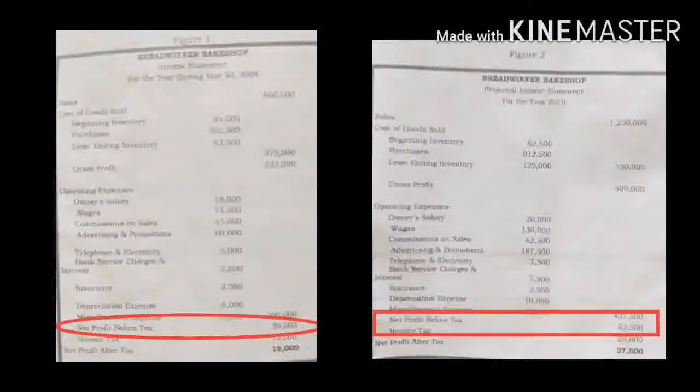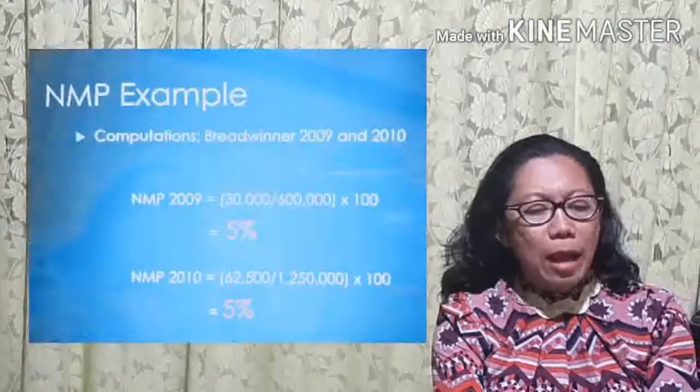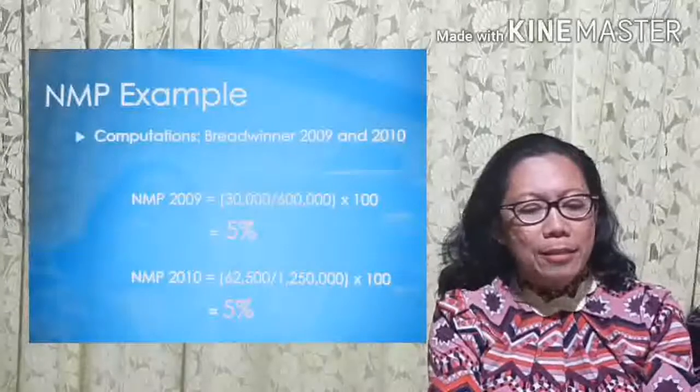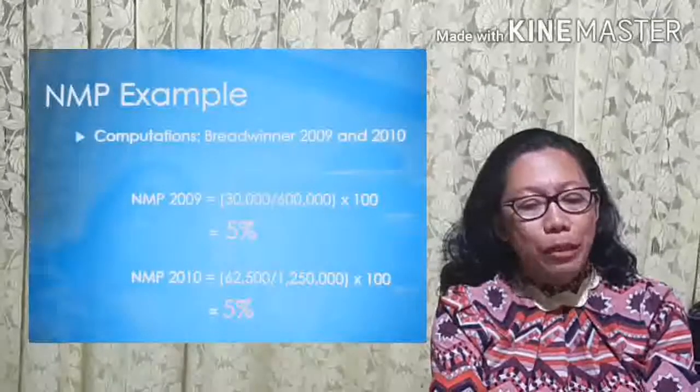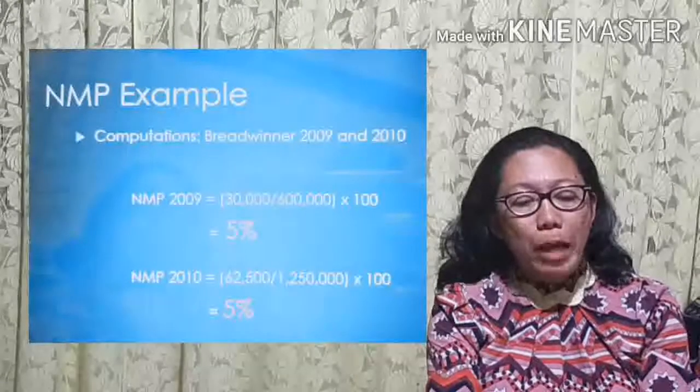Looking at the income statement of Breadwinner, we can see that the net profit before tax in 2009 is 30,000 and the net profit before tax in 2010 is 62,500. The net profit margin computation for 2009 is net profit before tax of 30,000 divided by the sales of 600,000 times 100, which is 5%.